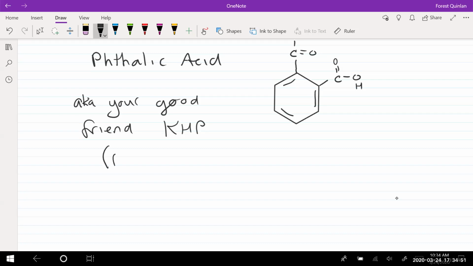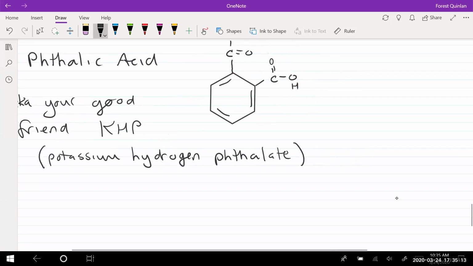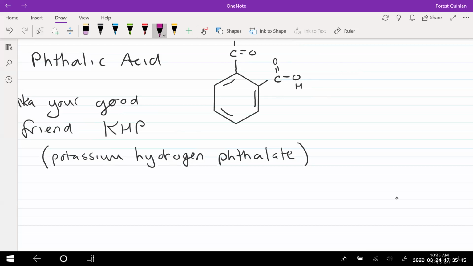Right, that was your potassium hydrogen phthalate. Look, KHP, we've done titrations with this left and right. So how do they make a KHP? This guy, they just put a K on it.